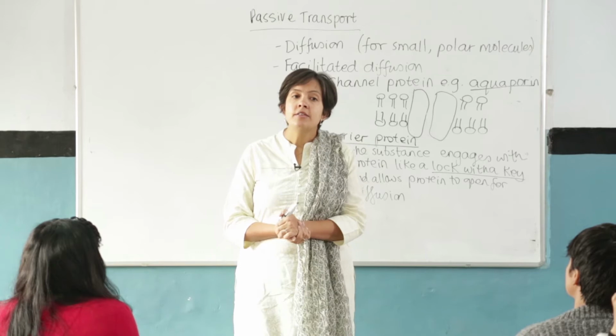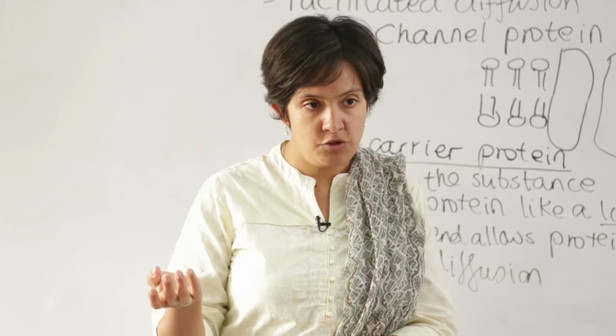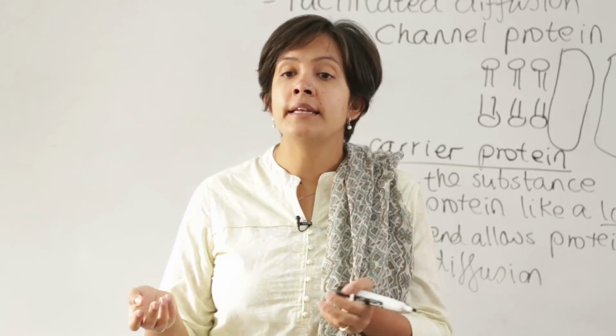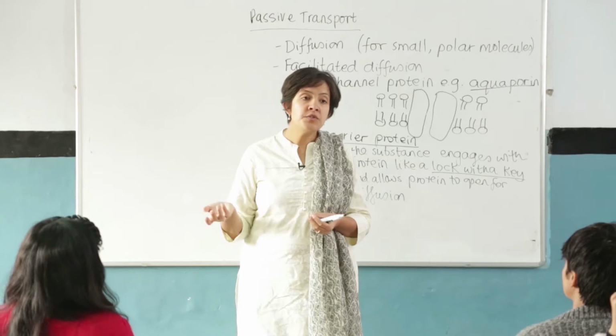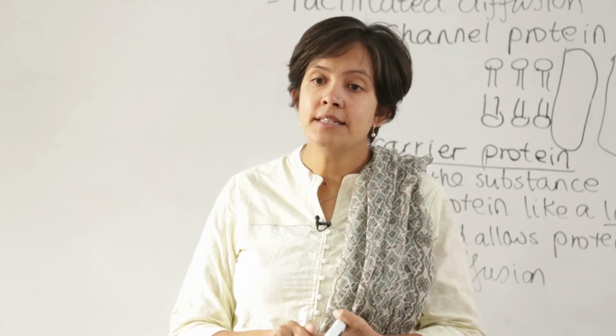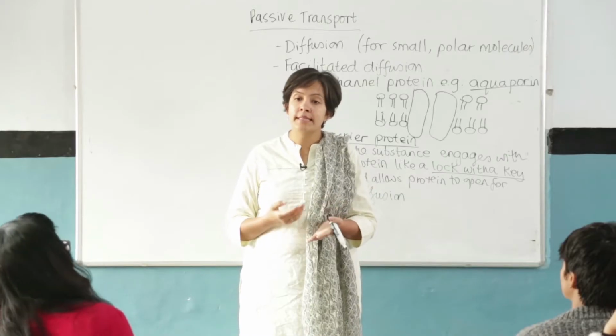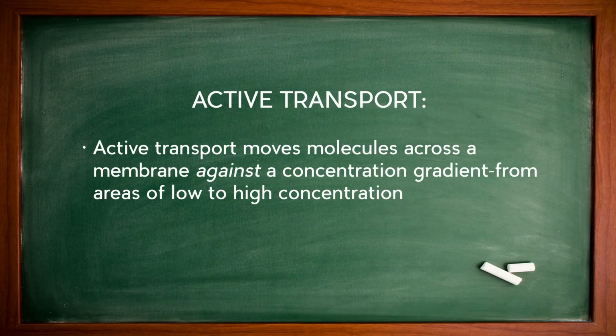That is to say that we need them to go from an area of low concentration into an area of high concentration. For example, in signaling between nerves, we need to have things going against this concentration gradient, and the way that we can do this is through a form of transport called active transport.